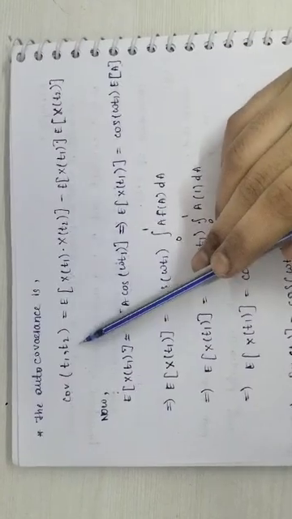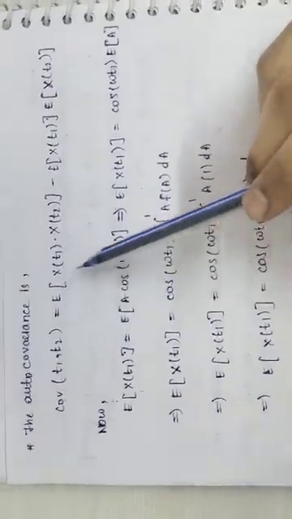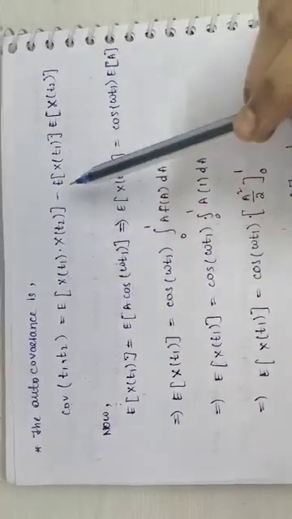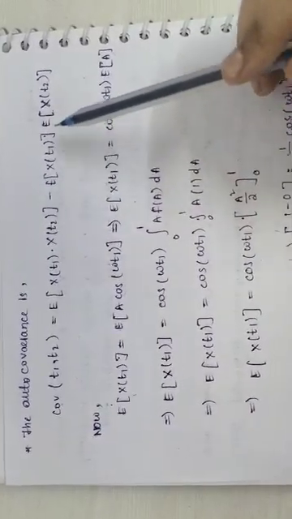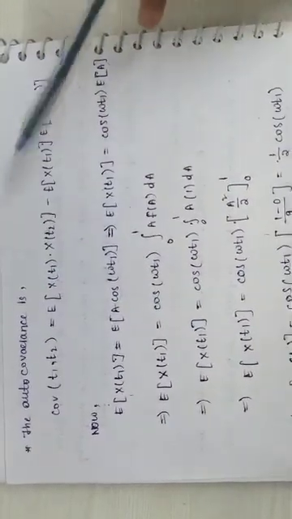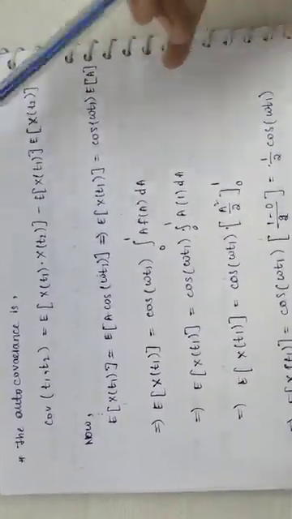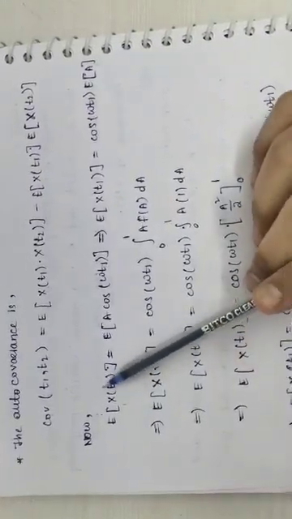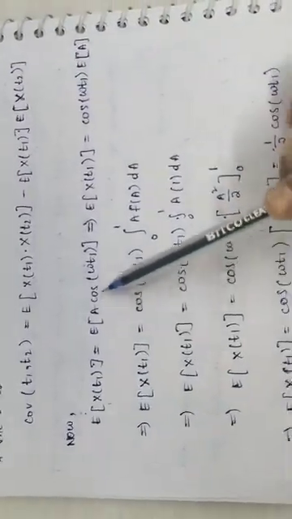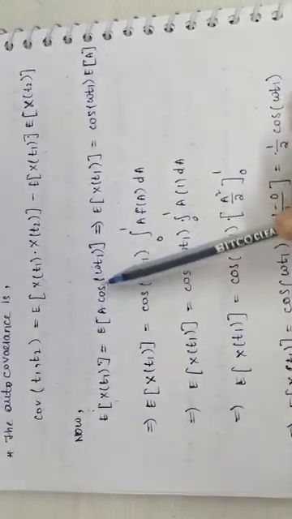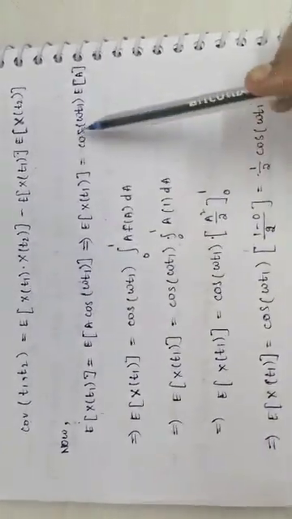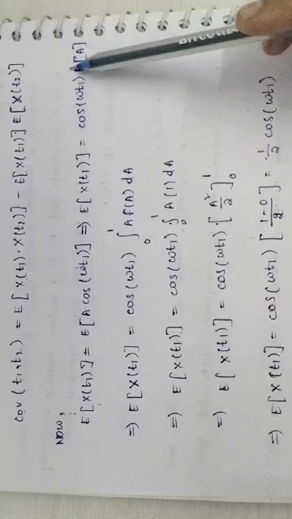Covariance of t1 comma t2 equal to expectation of x of t1 into x of t2 minus expectation of x of t1 and expectation of x of t2. We already found the first term in the previous step. We have to only find these two separately. Expectation of x of t1 is equal to, as x of t1 is equal to a cos omega t1, cos omega t1 is constant, so we take it out and we find the expectation of a.